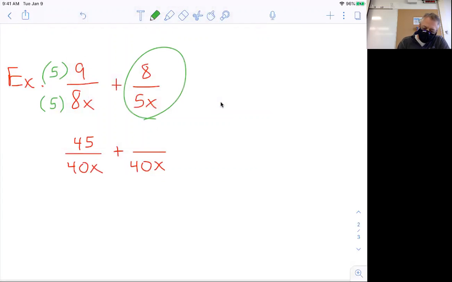And then for the right-hand side, to change 5x into 40x, I have to multiply by 8. So I have to multiply the bottom by 8, but also the top by 8. And 8 times 8 is 64.